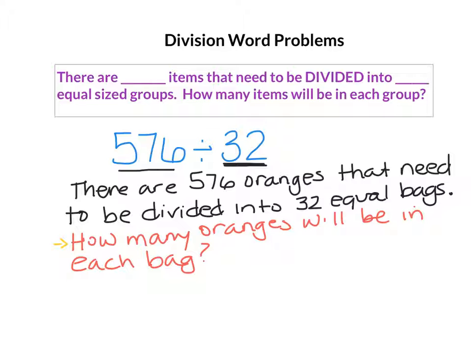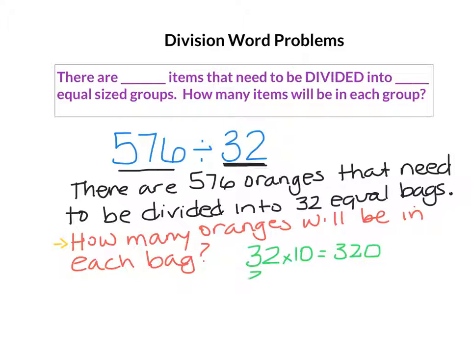Once you have that, now you can solve it. We'll use our solving strategy that we know. 32, well, I know 32 times 2 is 64, which means 640, so that's going to be too many. So I'm going to go 32 times 10, which gives me 320.